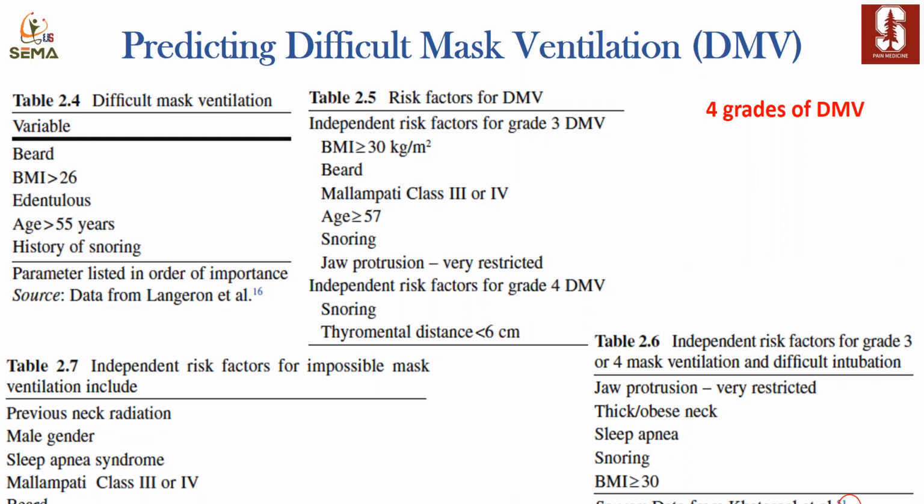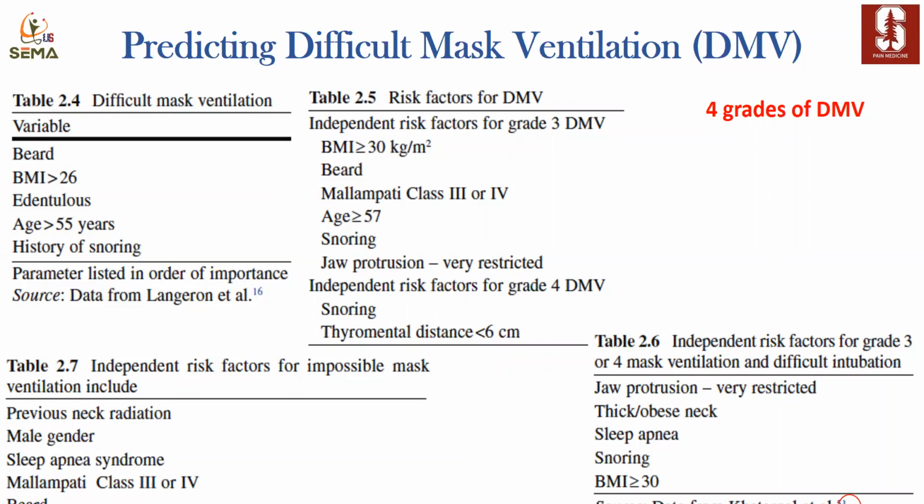And then here we'll shift gear and talk about predicting difficult mask ventilation. When we talk about predicting difficult mask ventilation, first of all, we have 4 grades of difficult mask ventilation. Grade 1, mask ventilation was readily achieved.